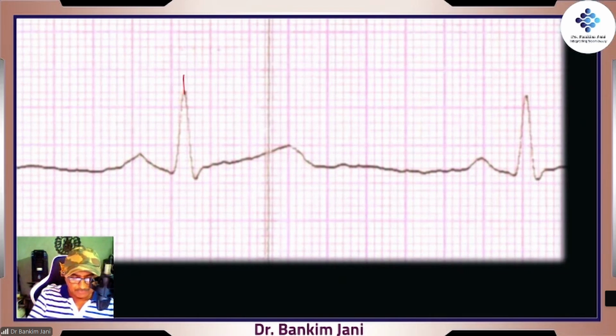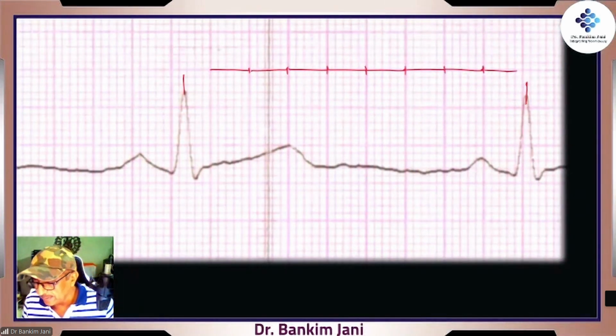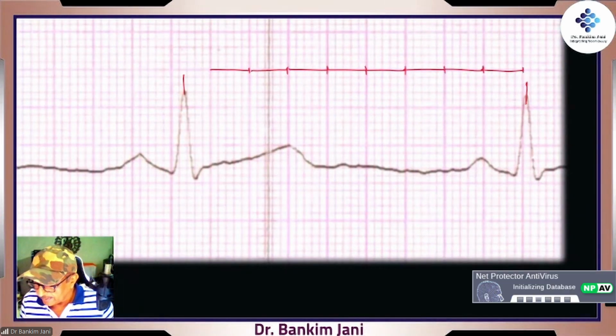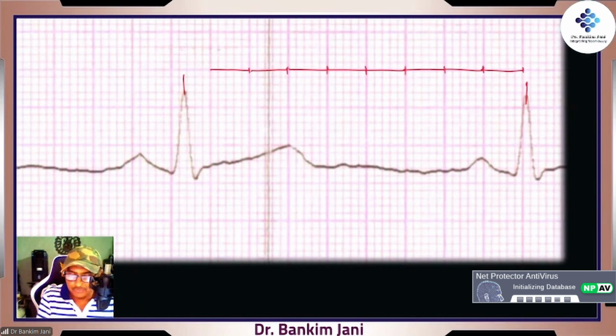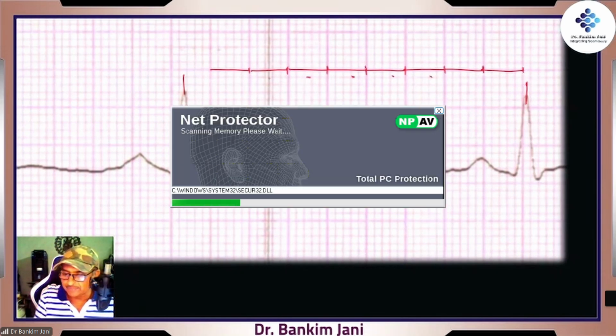Okay, chalo, I'll do that. How many big boxes? First, let's calculate. This is one big box, this is the second one, the third one, the fourth one, the fifth one, this is sixth, seventh, and this one is eighth, and it is almost there. So this is 1, 2, 3, 4, 5, 6, 7, 8. 8 big boxes, and then we have got 1, 2, 3, or 4.